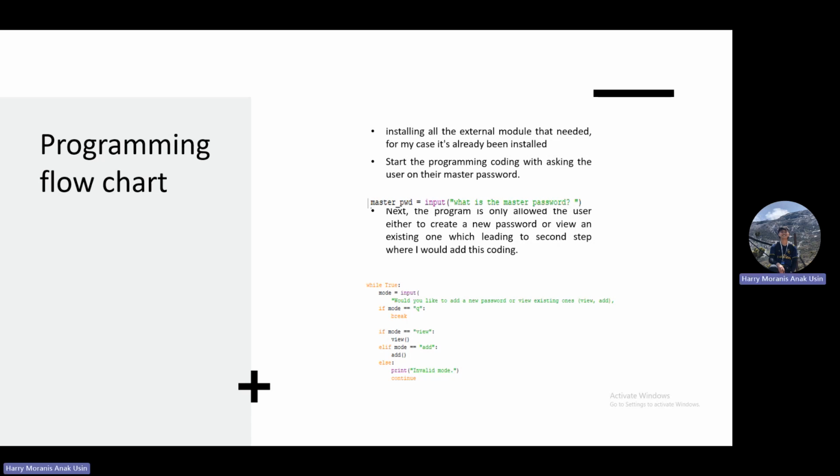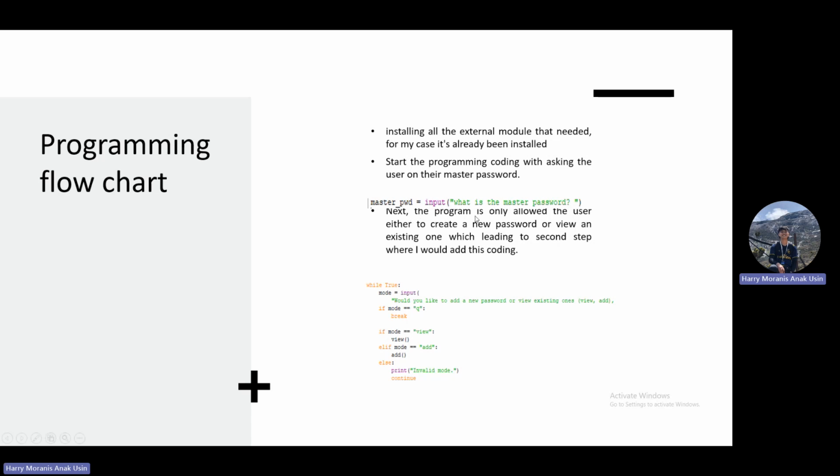Start the programming coding by asking the user for their master password. For example, the coding that I already submitted to the software will ask what is the master password, so we can key in like hi or hello, so it will go to next.